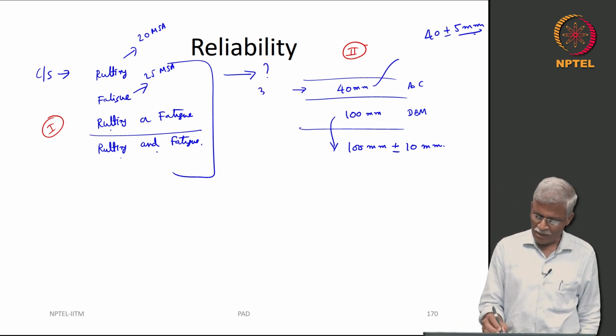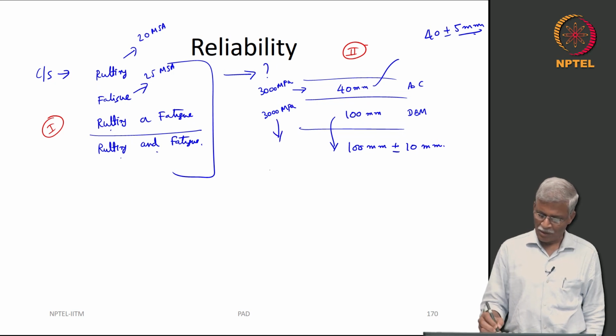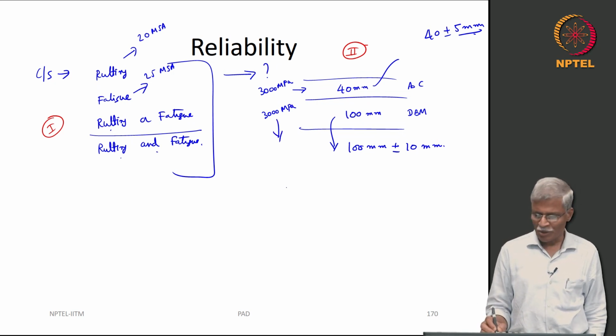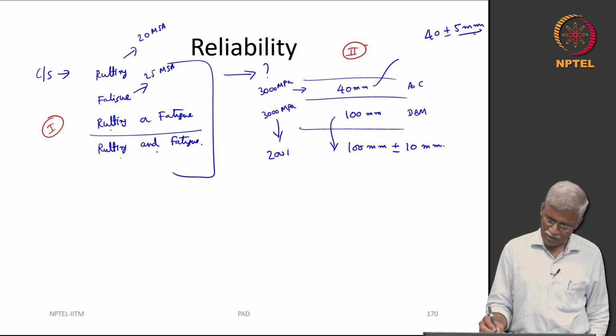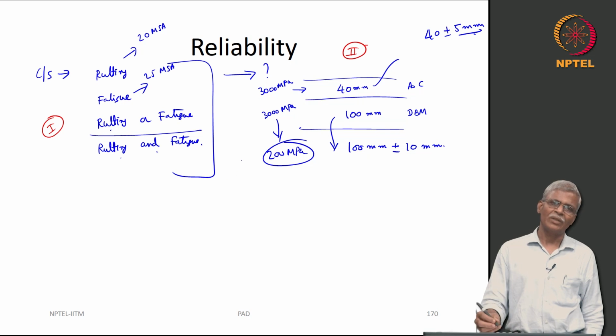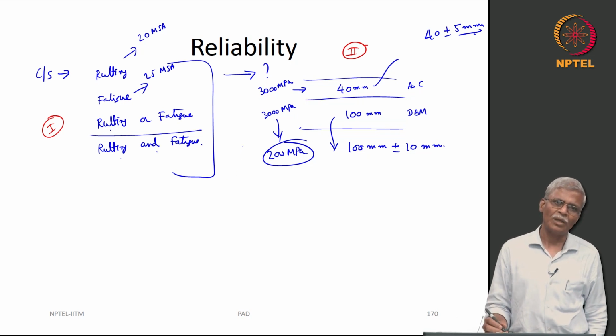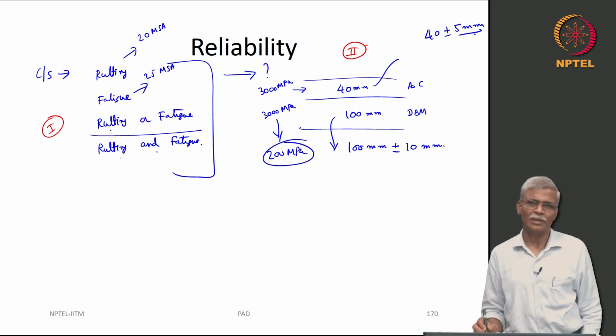So, now let us take 3000 MPa here, we will also take 3000 MPa here, and let us assume that it is also normally distributed and the standard deviation is, let us say, 200 MPa here. So, if that is the case, when the material properties are also varying, what will happen to the reliability?